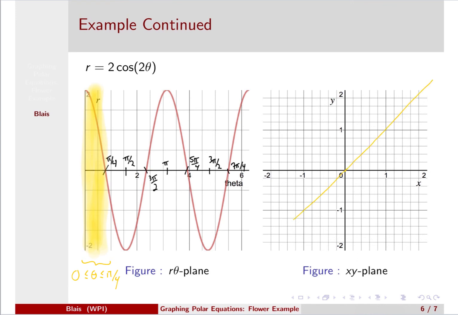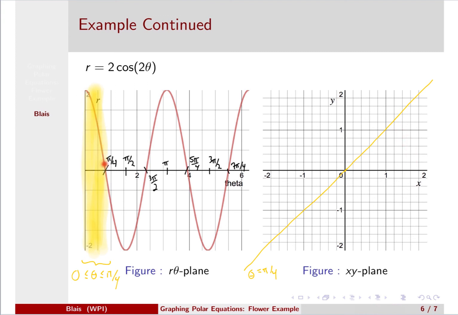So we can draw the line theta equals pi over 4, and we know theta ranging over the interval 0 to pi over 4 is this angular region here, this bottom part of the first quadrant.